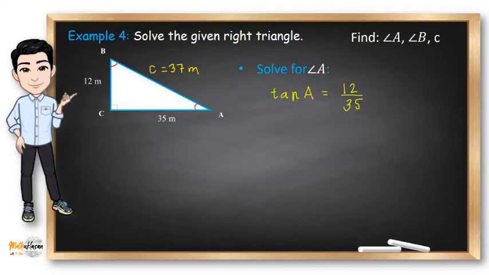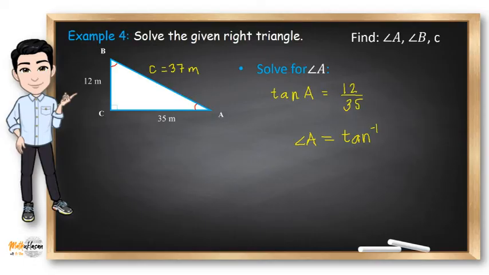Okay. This time, we're going to use the inverse of these functions. So, kung gusto nyo malaman yung angle A, yung measure ng angle A natin, all you need to do is to transfer this tangent on the other side of the equation and it will become tan inverse. Yung parang nakaraise siya sa negative 1.